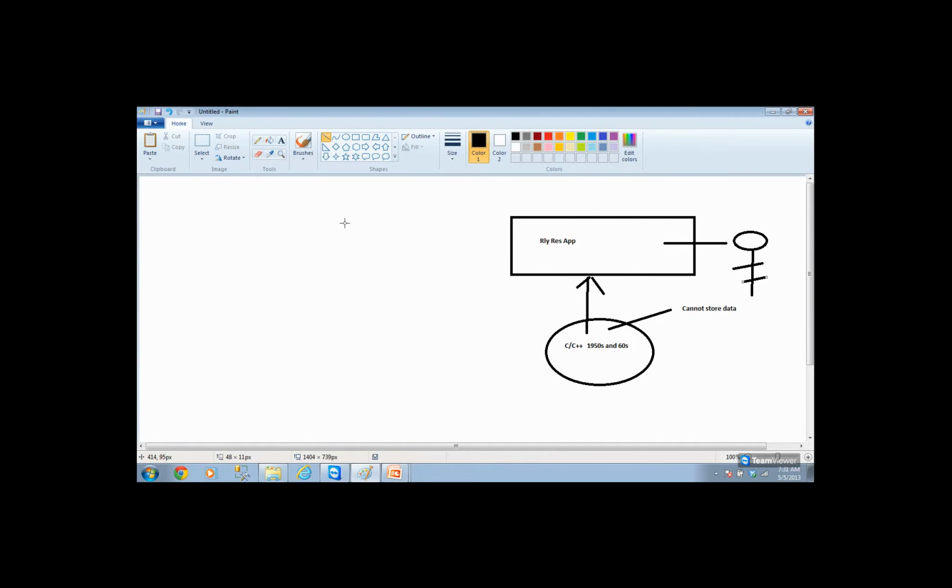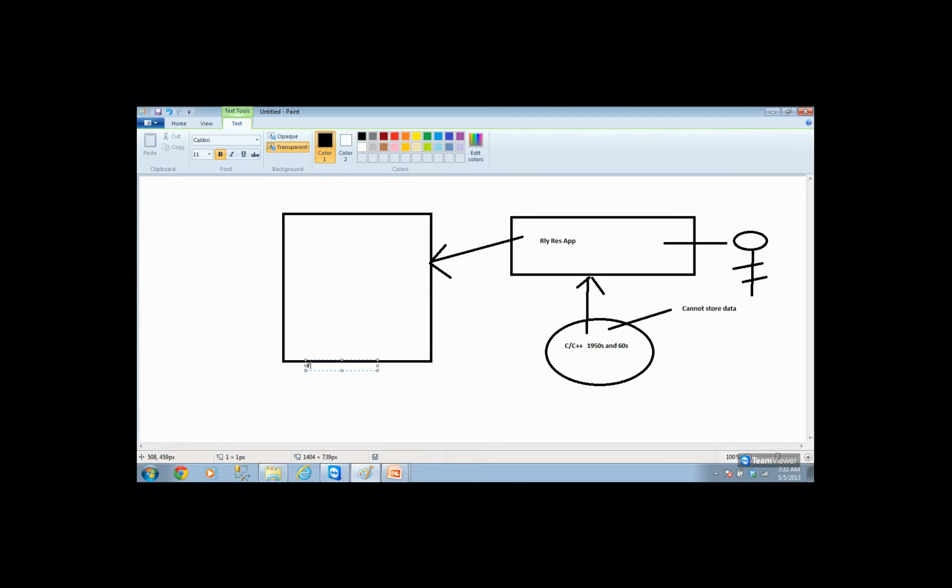So this application doesn't have a place to store data. Initially they were dependent on notepads. Notepads are known as flat files. Whenever data comes to this railway reservation app, they store the data in notepads. A notepad is nothing but a flat file system.